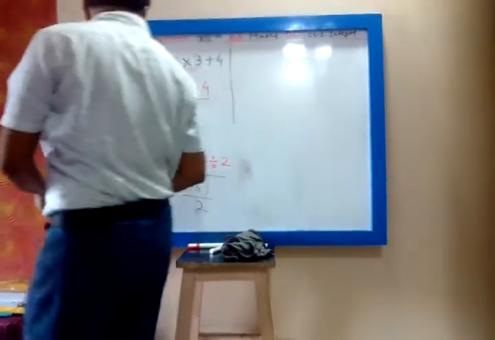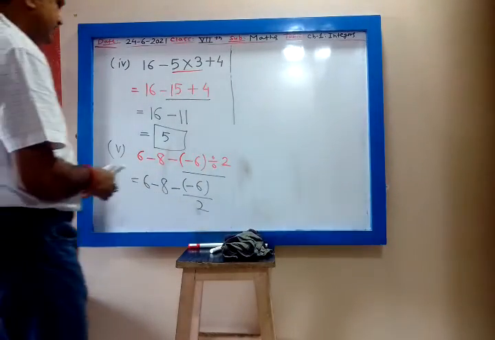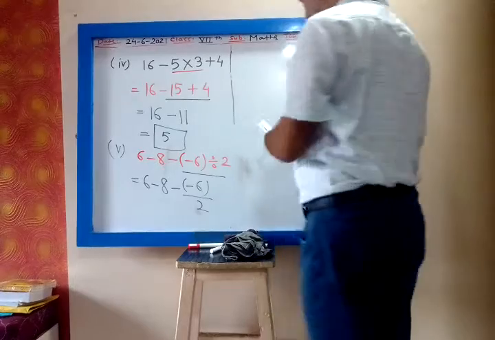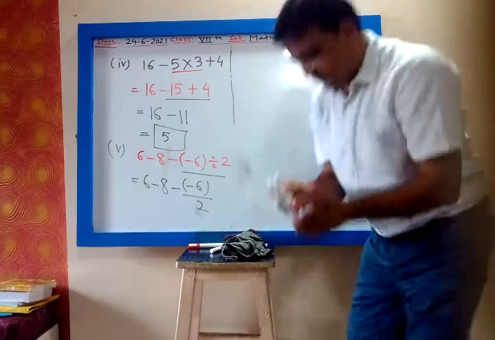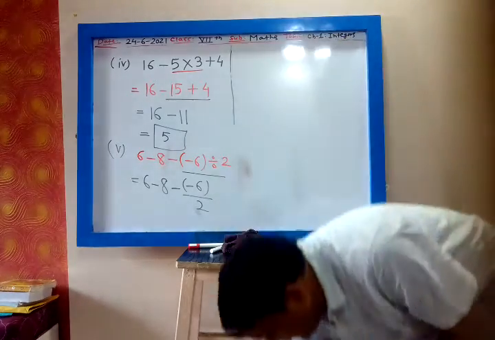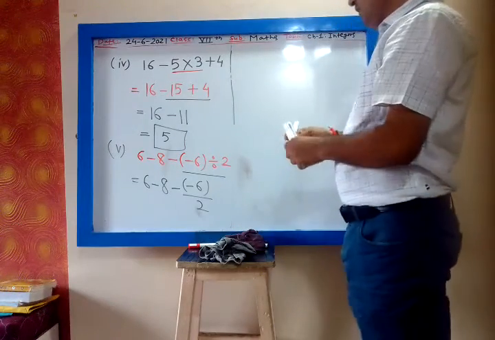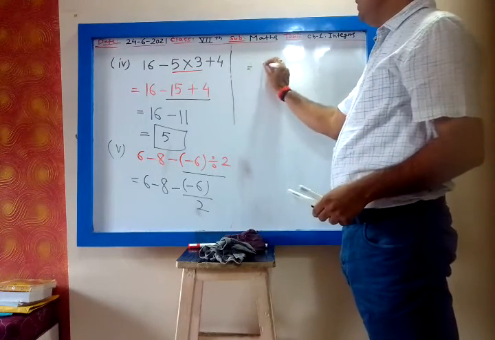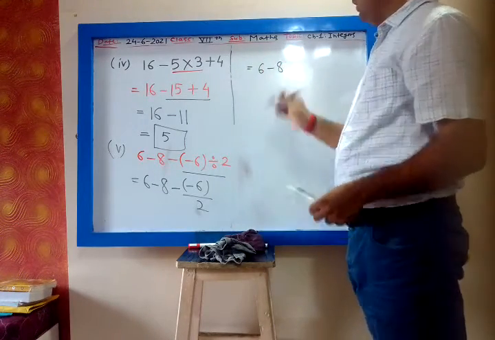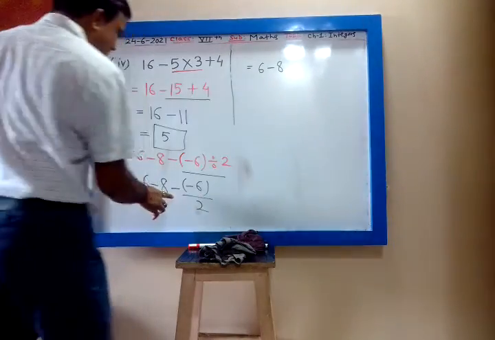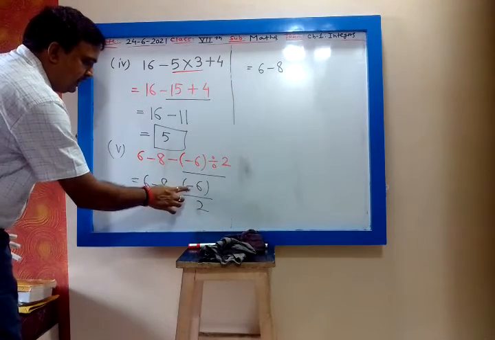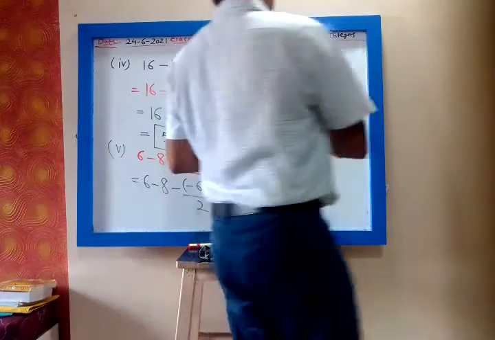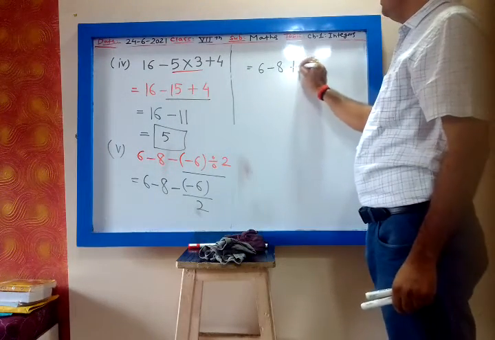See this part. So 6 minus 8 we write as it is. Then you have minus minus sign together. Whenever you have minus minus sign together, minus into minus will be plus. So we write plus 6 by 2.